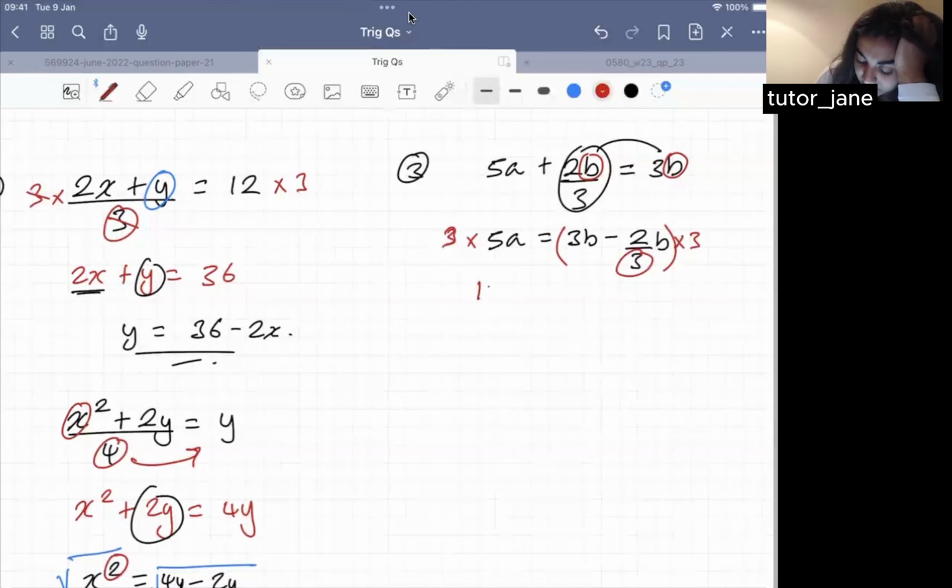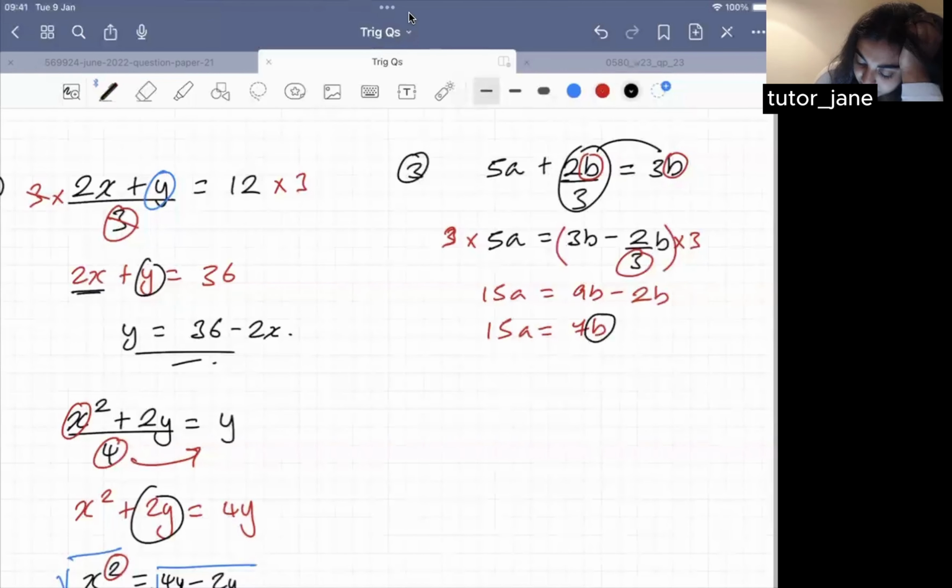So we're going to get on this side 15a. My handwriting is atrocious. 15a equals 3 times 3b is 9b minus 2 upon 3b times by 3 would be 2b. So when we simplify this, we get 15a equals 7b, and we want to get the b on its own.